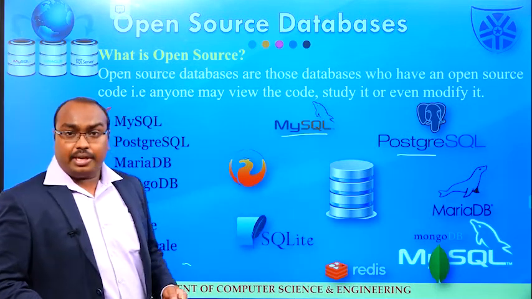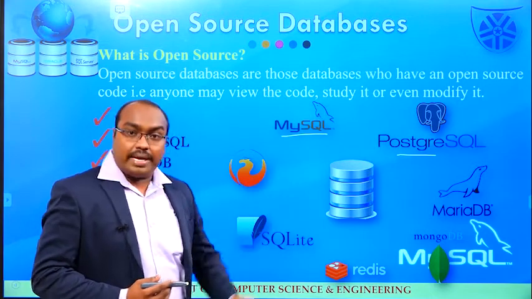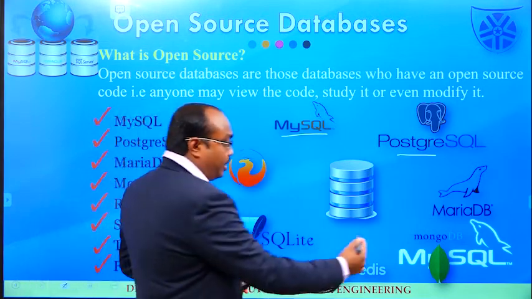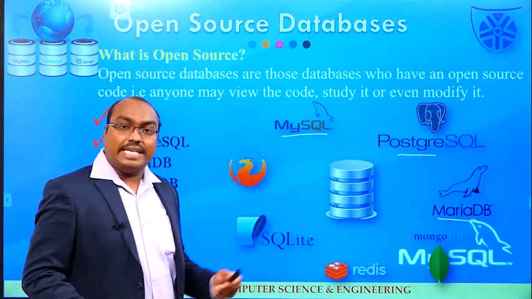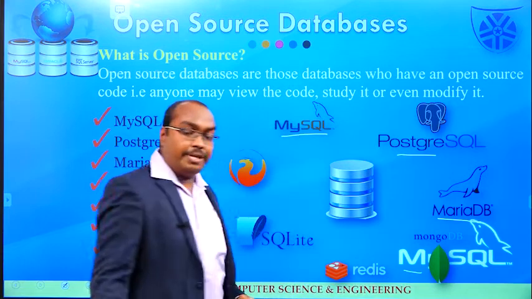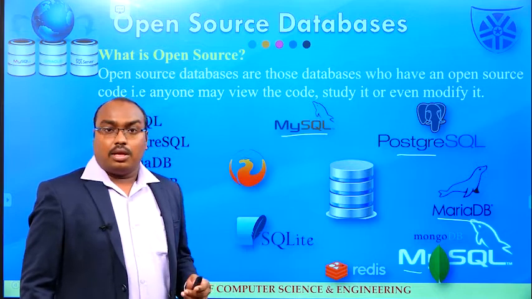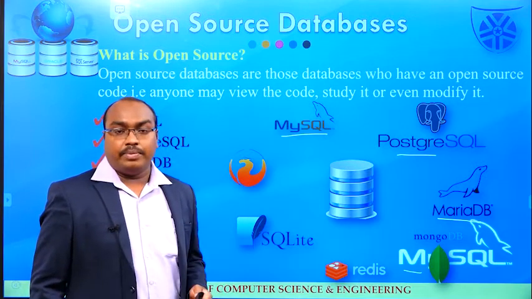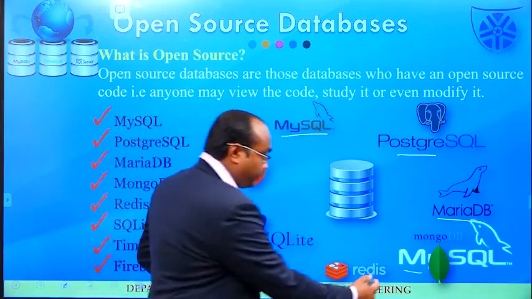MariaDB's structure is similar to MySQL, and it is also one of the most widely used open source databases. And the next one, MongoDB. MongoDB is a NoSQL database program, and it is mainly used for mobile application development.